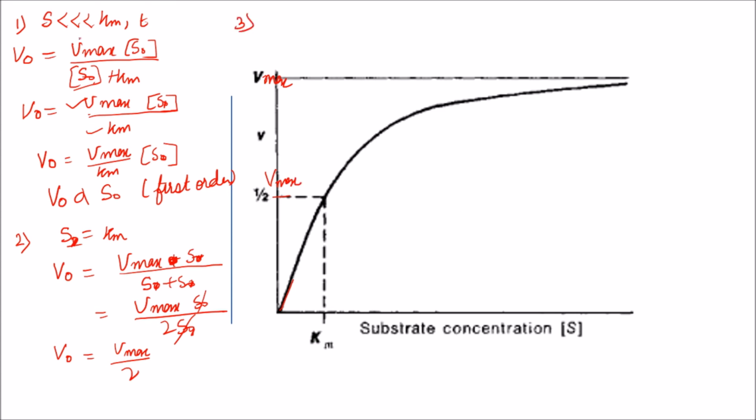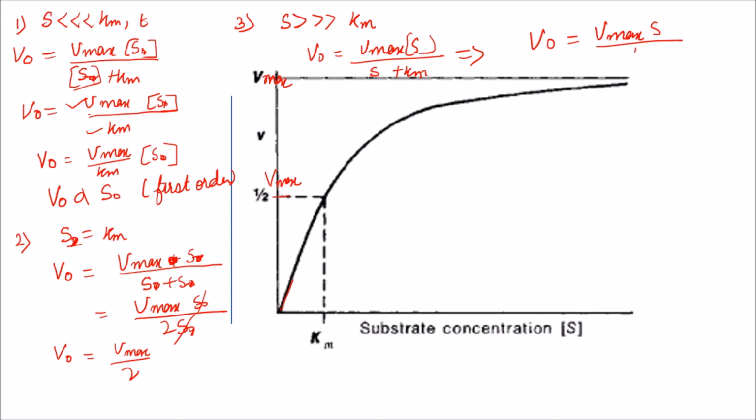Now take the third condition. The first condition was when substrate was very much less than the Km. This time I will take substrate very large compared to the Km. So this time in this equation I can ignore the value of the Km. So how will the equation become? V max into S by S plus Km will become V naught equals V max S by S, because we have ignored the Km value.